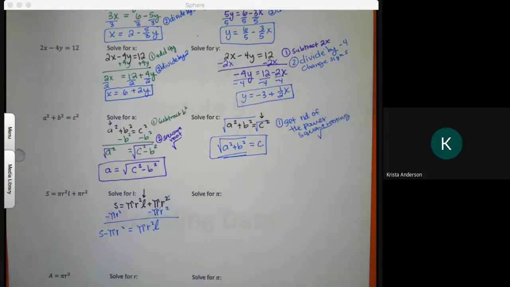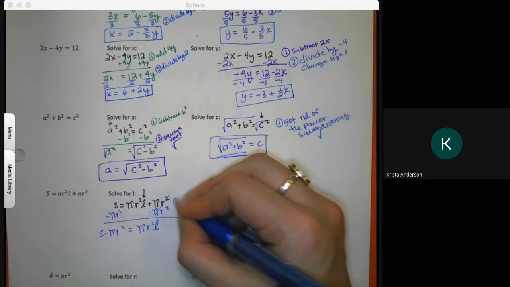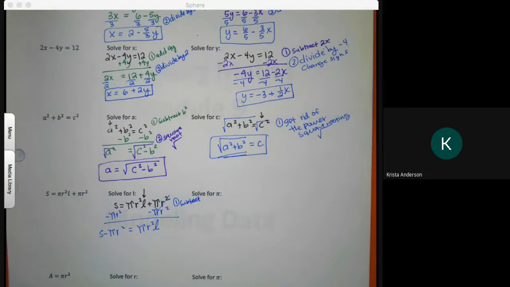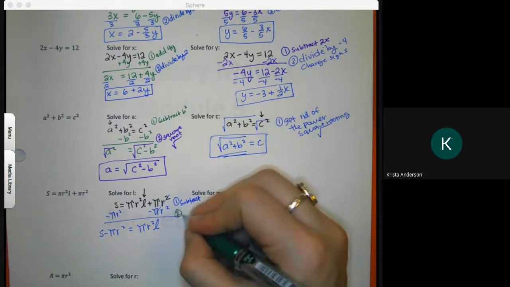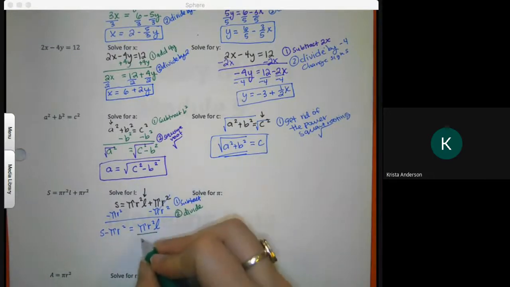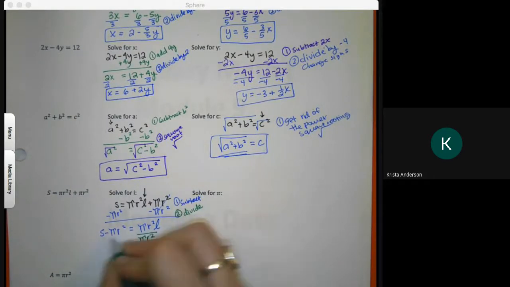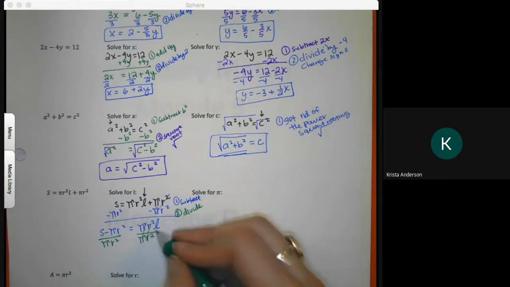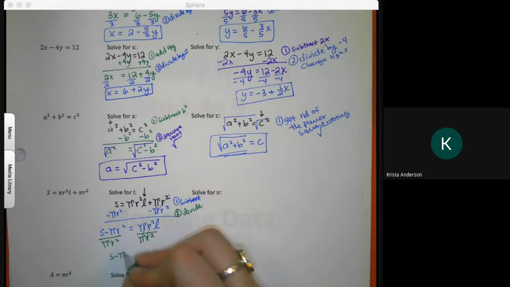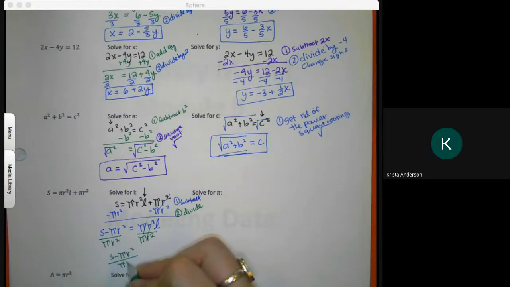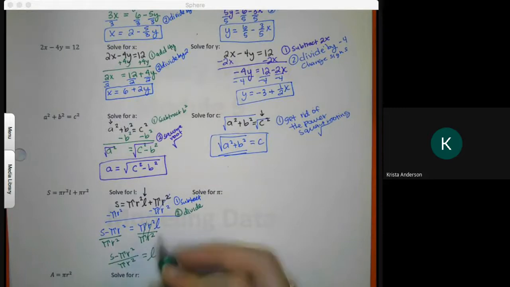So I minus that away. Second step, I divide. I want L alone, so I divide by pi and r squared. And that will cancel those out and leave L by itself. s minus pi r squared divided by pi r squared equals L.